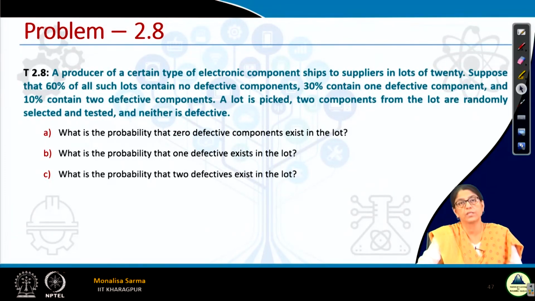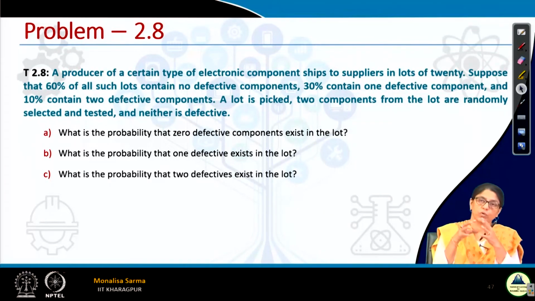What is the probability that zero defective components exist in the lot? Two components are picked and both are found to be not defective. Now, what is the probability that it has come from the lot which has zero defective? So, this is a question of Bayes theorem.